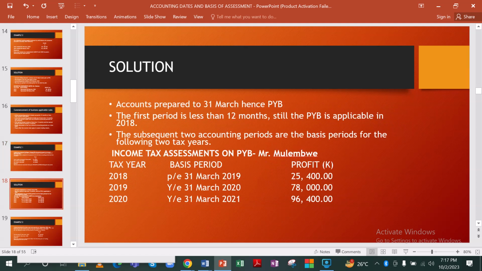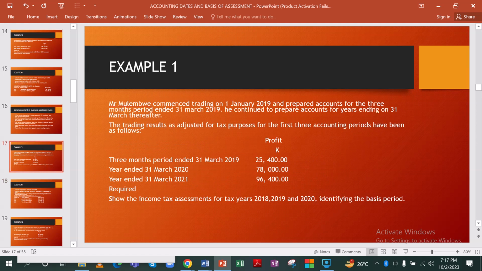You have tax year 2018, and the basis period, which is the 3 months ended 31st March 2019, with a profit of 25,400 to be assessed in the tax year 2018. Then the next one is the year ended 31st March, a date which falls between 1st January and the 31st March, and the figure is 78,000.